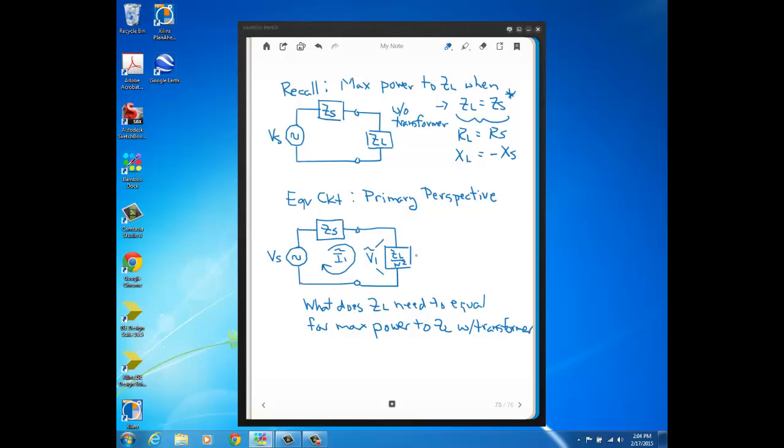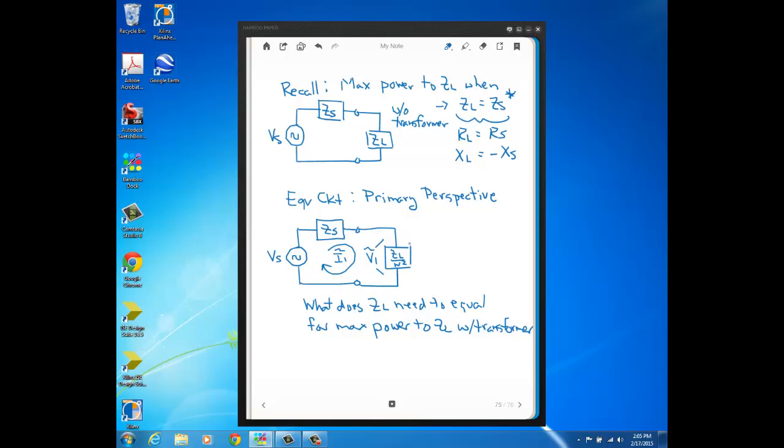To answer that question, we just have to look at this circuit and say the only difference between the case with the transformer and without, as far as the circuit analysis goes, is this 1 over N squared factor, which is just a number. Remember, N squared is just the ratio of the turns on the secondary to the primary side of the transformer.